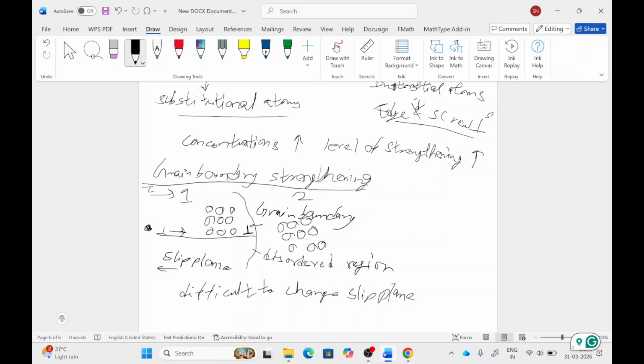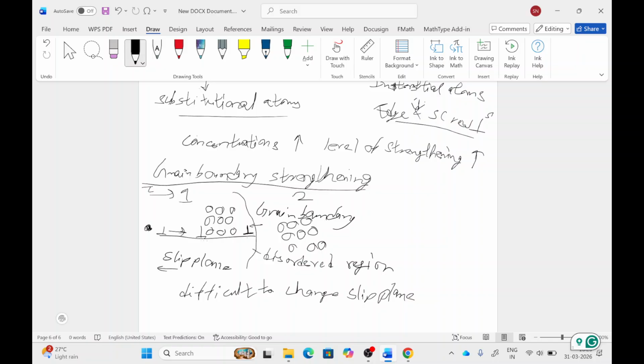As this dislocation accumulates here, the other dislocation coming behind also faces the same opposing force. On the second dislocation, because they are of the same sign, the repulsive force also acts on this dislocation. So the opposing force is increasing.